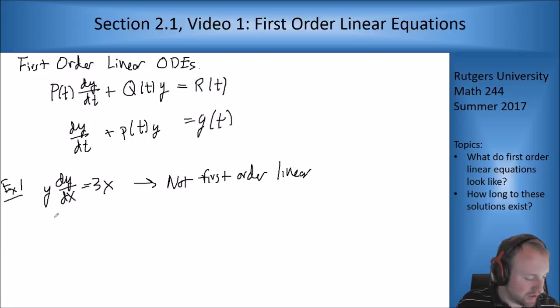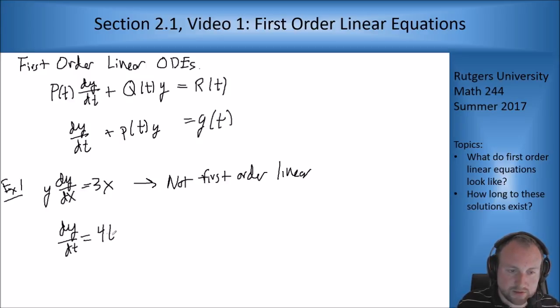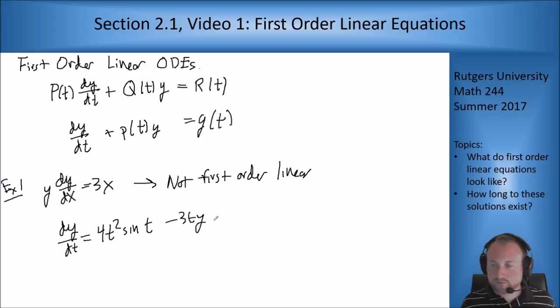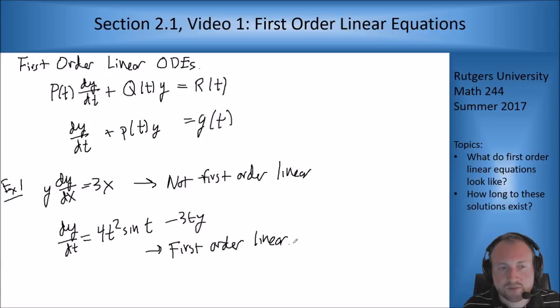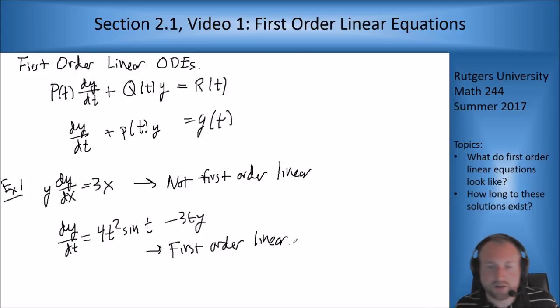On the other hand, I can look at this ODE, dy dt equals 4t squared sine of t minus 3ty, and that is first order linear. To match the other forms, all I have to do is move the 3ty over to the left-hand side of the equation, and then we're good to go. Like I said before, the function can be as complicated as we want in terms of t, but in terms of y, they have to be very, very simple. So that's pretty easy how you identify equations as first order linear.